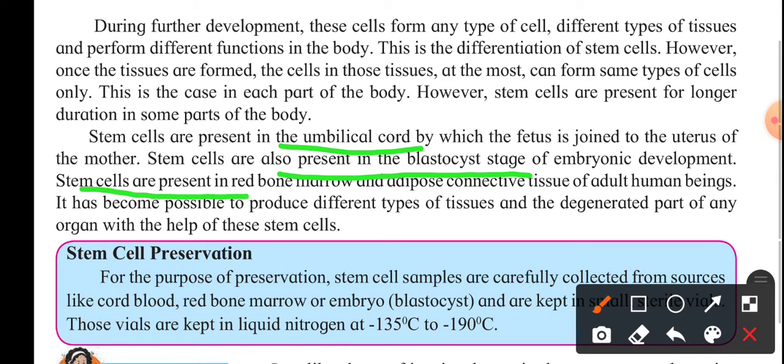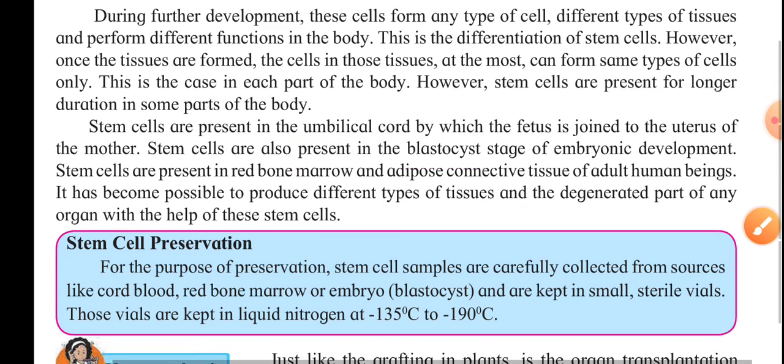Stem cells are present in red bone marrow and adipose connective tissue of adult human beings. It has become possible to produce different types of tissues and the degenerated part of any organ with the help of these stem cells.